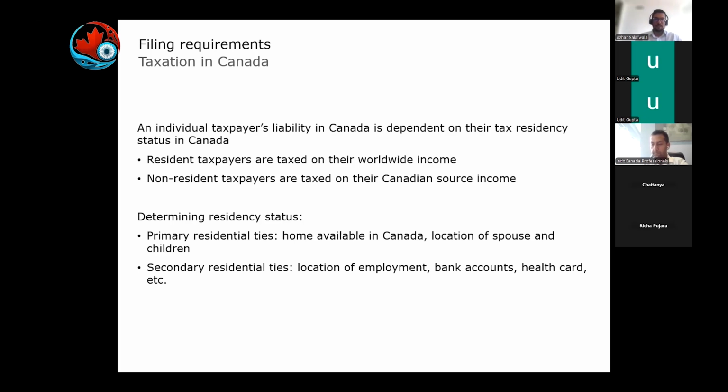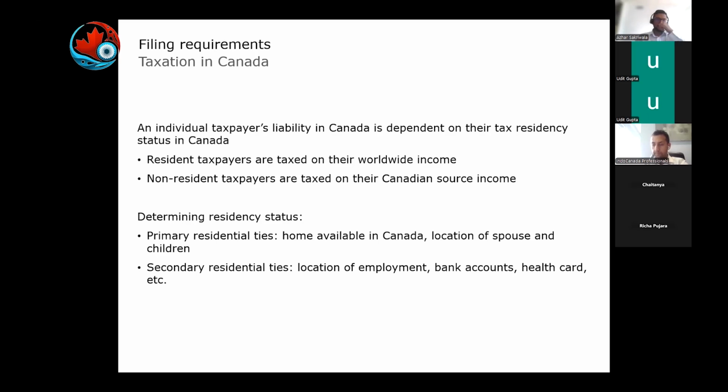What depends is where your primary residential ties are. That is, what is your intent while coming to Canada? Are you coming to Canada for long-term residency, with an intent to immigrate to the country? Will your family also move with you to Canada? And after your arrival in Canada, are you going to earn your major source of income in Canada?